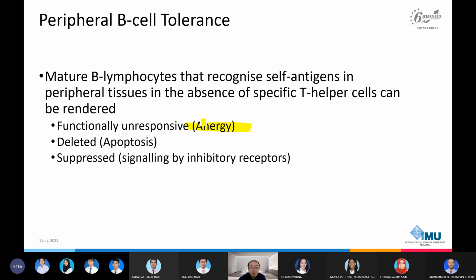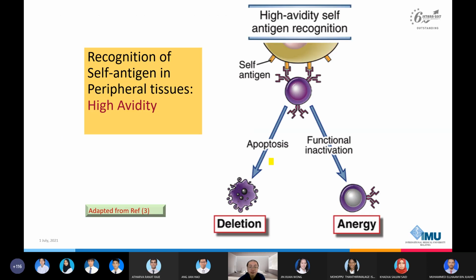Mostly it is clonal anergy, because of the same thing, signal 1, signal 2. You also have deletion. Then you also have suppression. This is another special case, suppression by inhibitory receptors. The main one here is anergy for B cells.